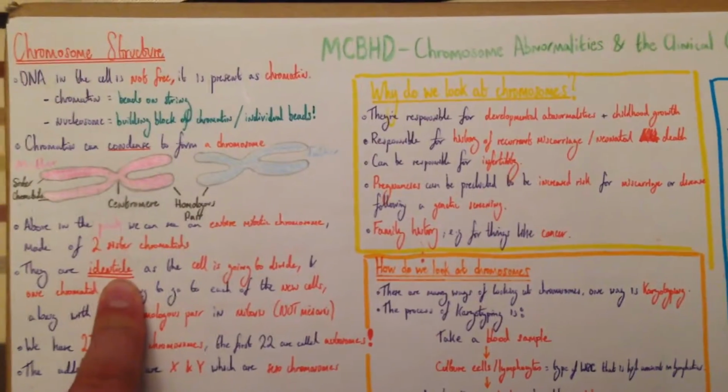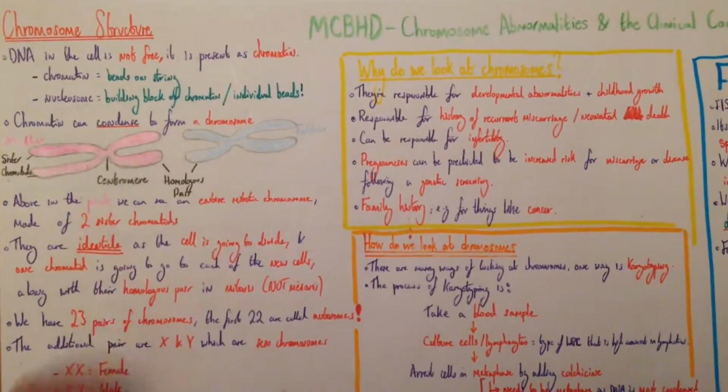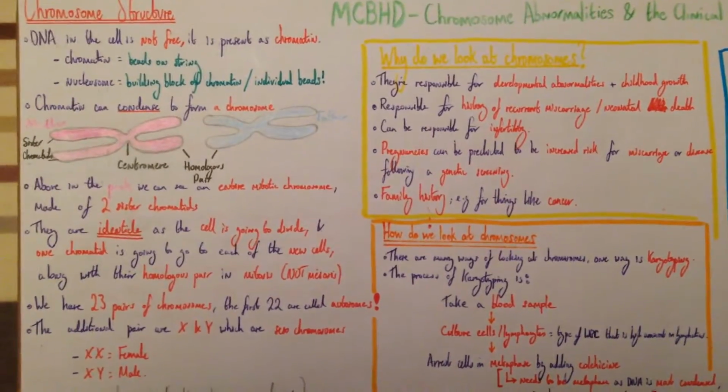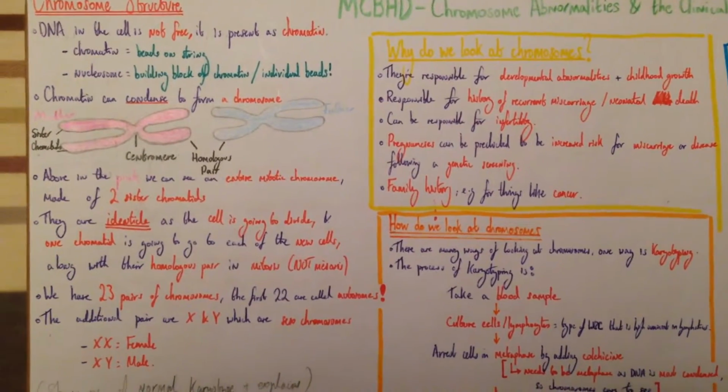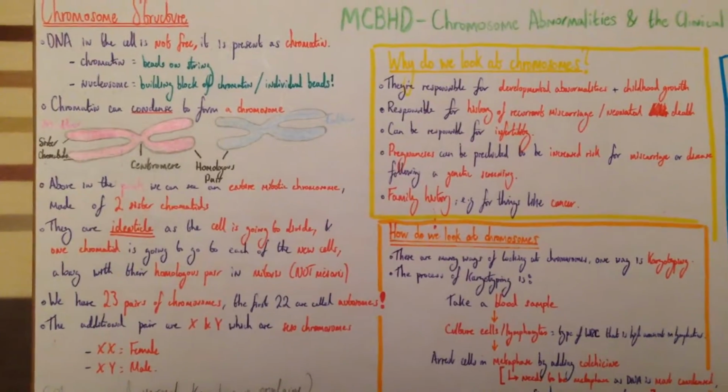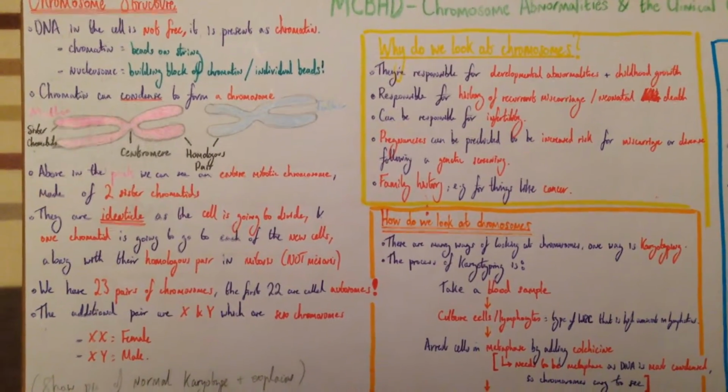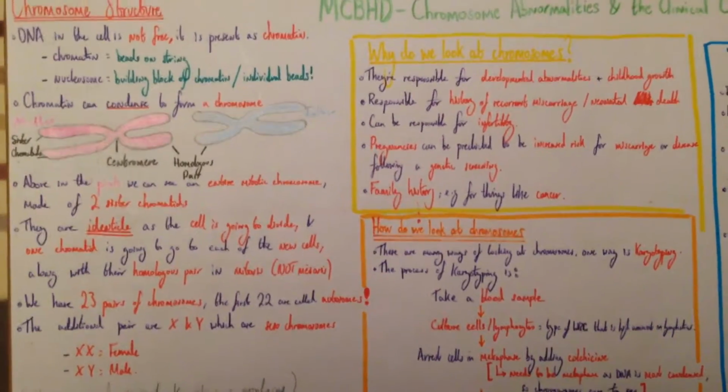They are identical, so the sister chromatids are identical, as the cell is going to divide and one chromatid is going to go to each of the new cells, along with the homologous pair in mitosis and not meiosis.